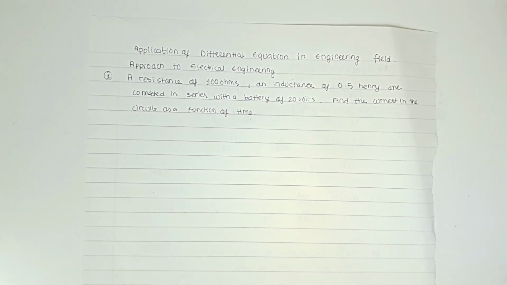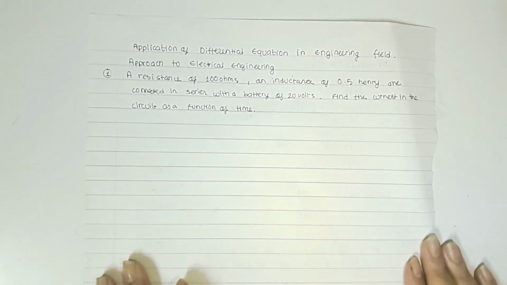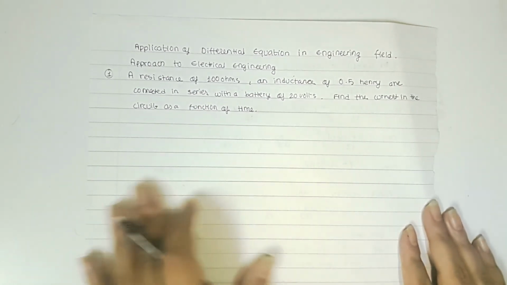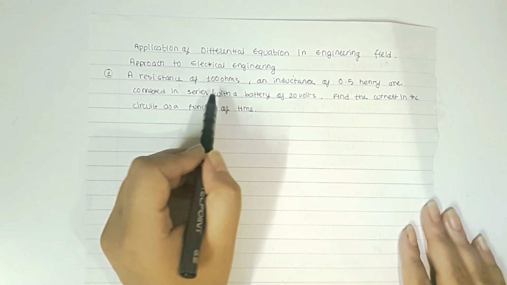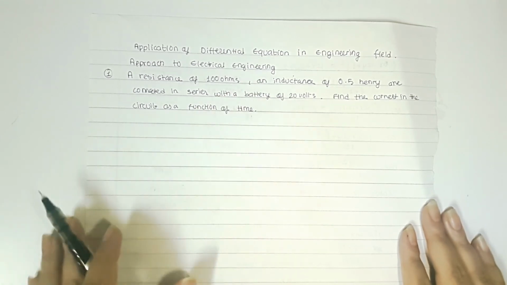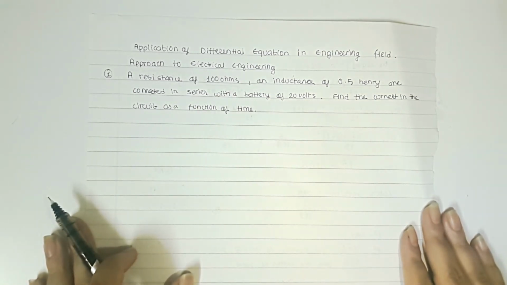So we are going to learn about the approach of differential equation in electrical engineering. As you can see in the question itself, a resistance of 100 ohm and an inductance of 0.5 Henry are connected in series with a battery of 200 volt.